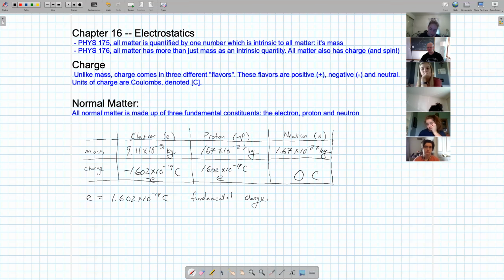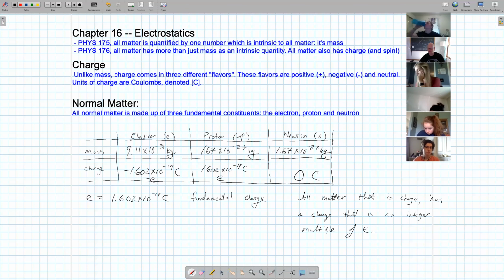So what this means then is that all matter that is charged has a charge that is an integer multiple of E. Okay.